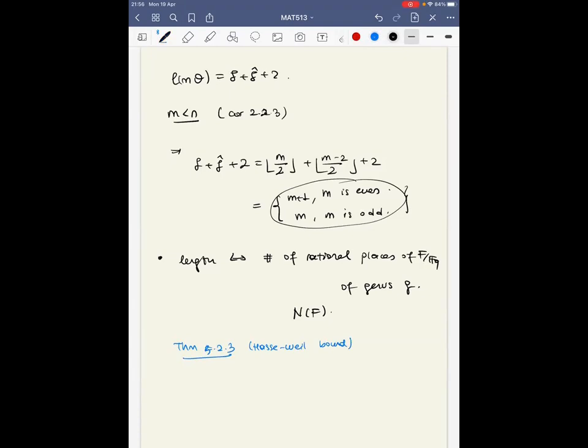It gives us the estimation of the rational places of a function field F, and it basically says that the number of the rational places is going to be in what's called the Hasse-Weil interval, and here g denotes the genus of the function field, and q denotes the size of the constant field Fq.